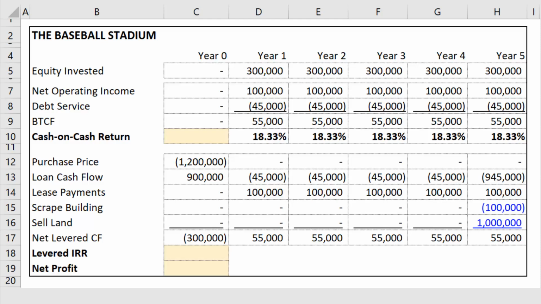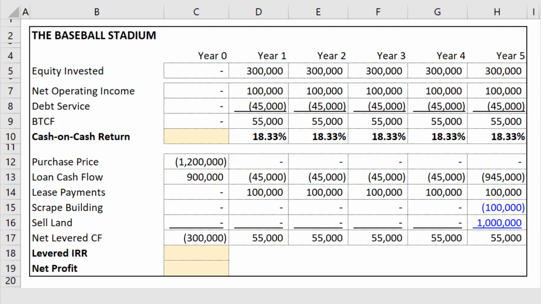Now, you believe that you could go to your local bank, take out a 75% loan-to-cost loan, interest only, $45,000 a year in debt service payments, and therefore invest $300,000 into this deal to make it happen.